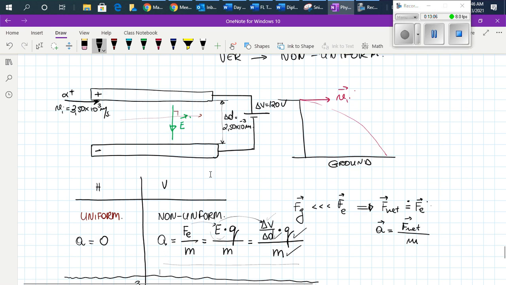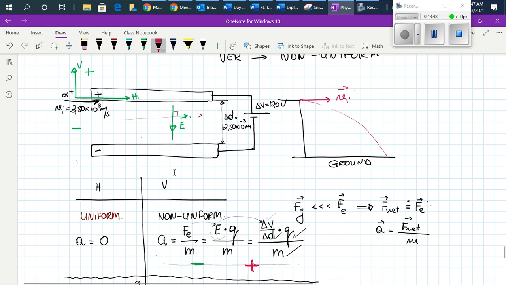Because it is going in the opposite direction. In the opposite direction of what? This is the vertical, this is the horizontal axis. Everything that is below will be negative and everything that is above will be positive for the vertical, and for the horizontal it is always positive. If the object is going down, then acceleration will be negative, and if the object is moving up, then acceleration will be positive.